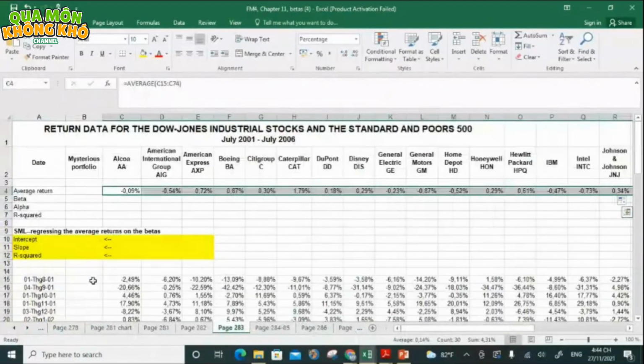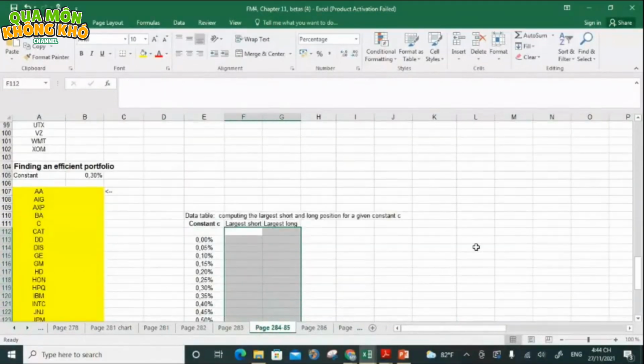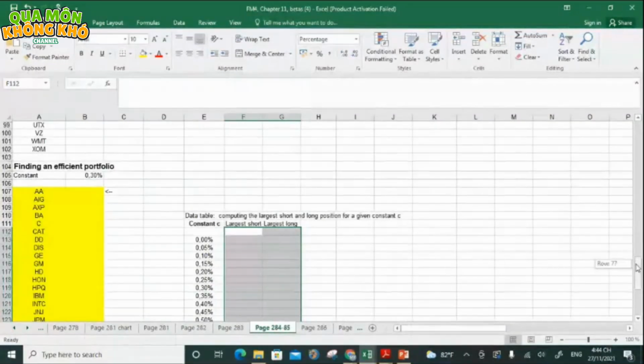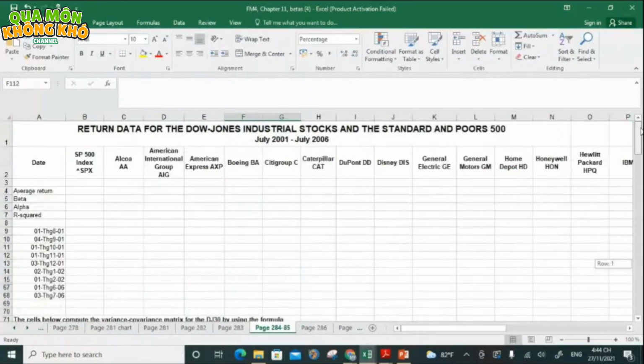To calculate a mysterious portfolio, we need to find an efficient portfolio, and then use the matrix multiplication function to find the mysterious portfolio, which is efficient with respect to the Dow Jones 30 stocks.